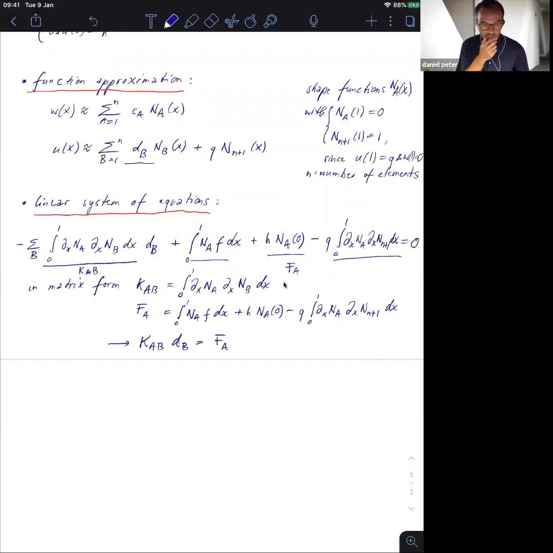So today what I want to continue with is first the choice of shape functions that we have, these N_A functions. And then continue with a mapping where we start mapping elements to a reference element. Good so far?